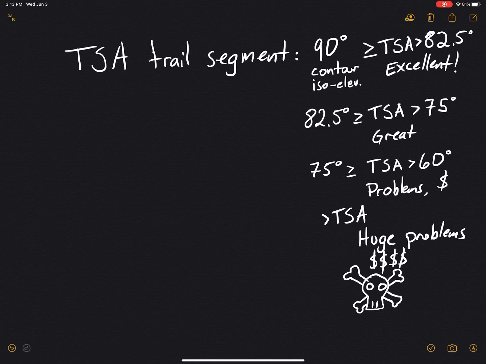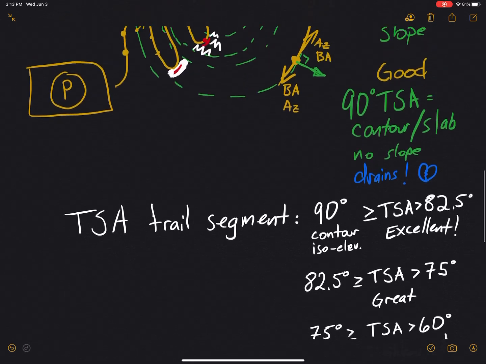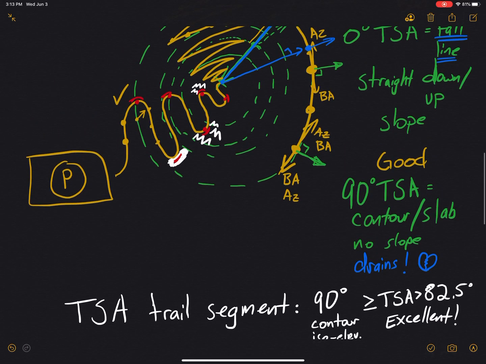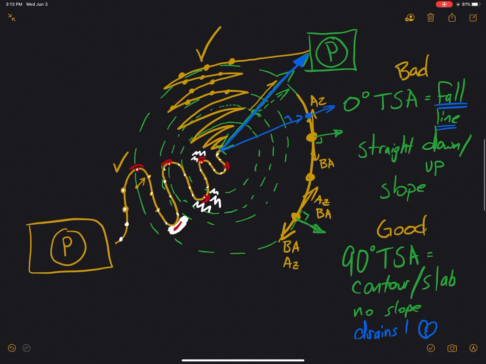So for each of these trail segments, each of these points along a trail, you want to think about, either in a GIS map situation or out there on the trail, how's this trail running right here? Am I climbing straight up a slope? That's pretty efficient in terms of exertion, but this is a disaster for management. That's our fall line trail.